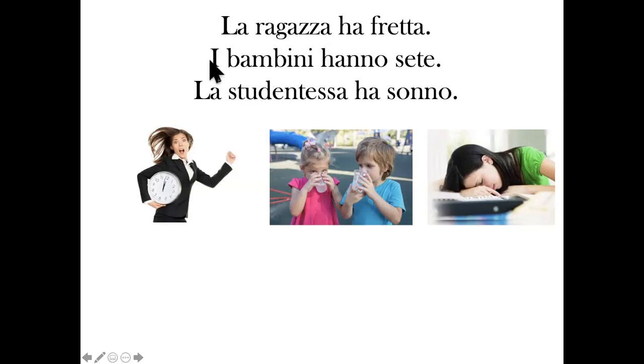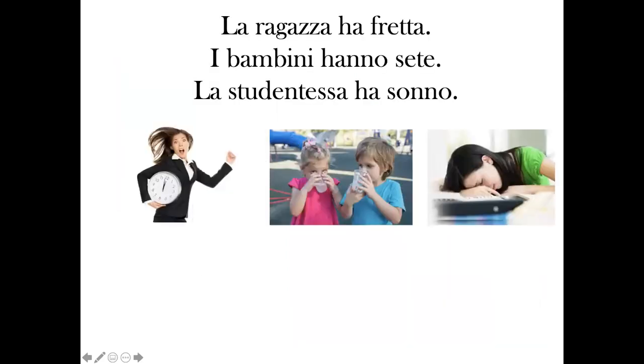Poi i bambini, questo è plurale, ci sono 2 bambini, loro hanno sete. Okay? E poi c'è una studentessa, singolare, la studentessa, meaning lei, conjugation, ha sonno. She's sleepy, tiene sueño. Poi, lui ha fretta, caldo, sonno, fame.